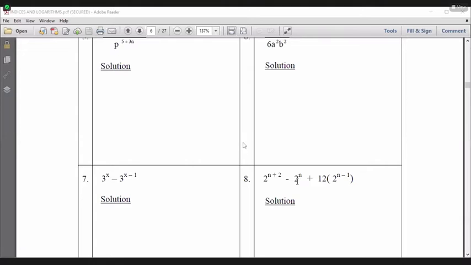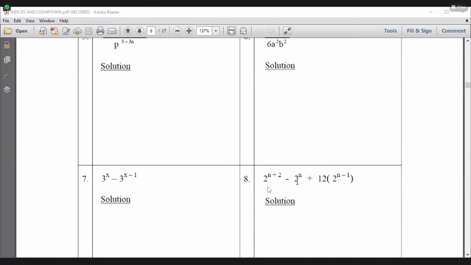So what do I have here in this case? I can still write as 2 raised to power 2 times 3 into 2 raised to power n minus 1. So the first part is 2 raised to power 2 times 2 raised to power n minus 2 raised to power n.